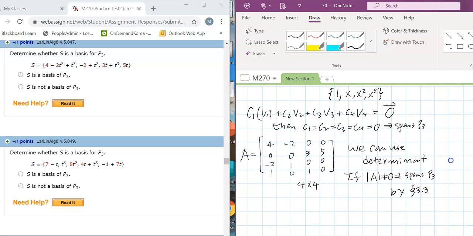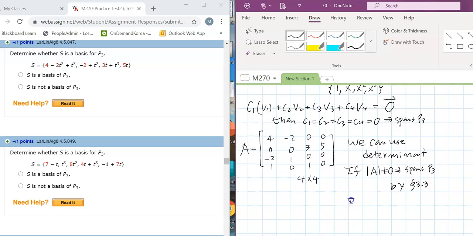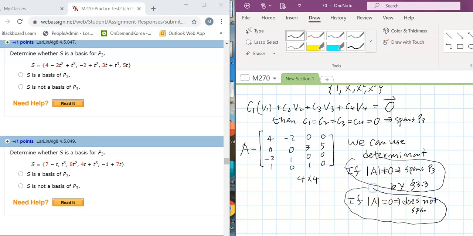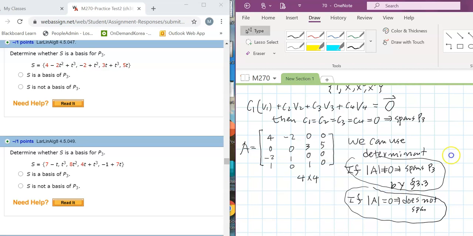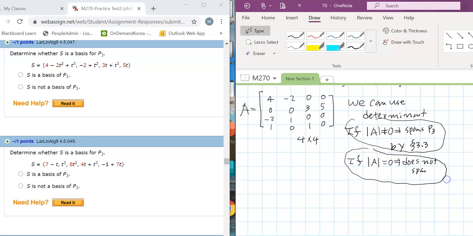If determinant is 0, then does not span, because the vectors are dependent. This is independent. This is dependent. Okay. So now let's find out the determinant.